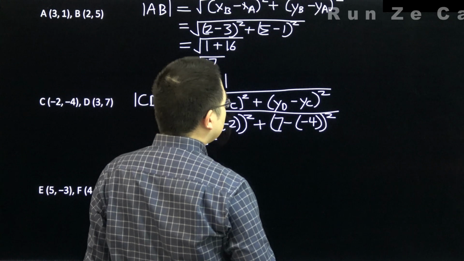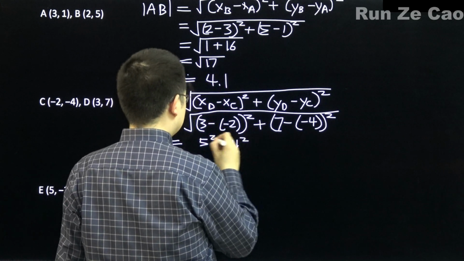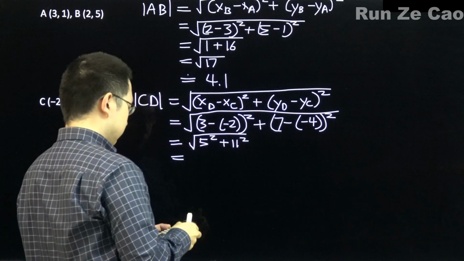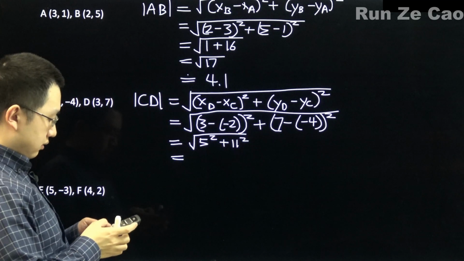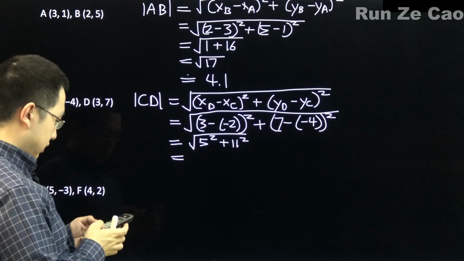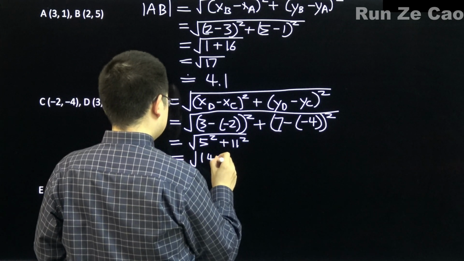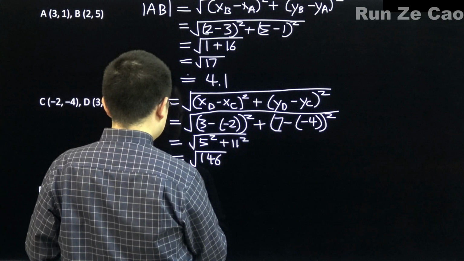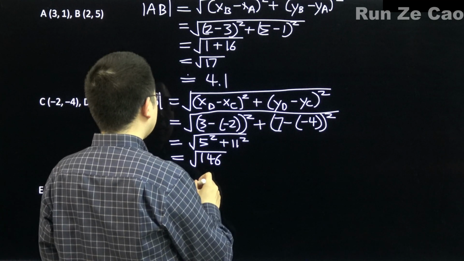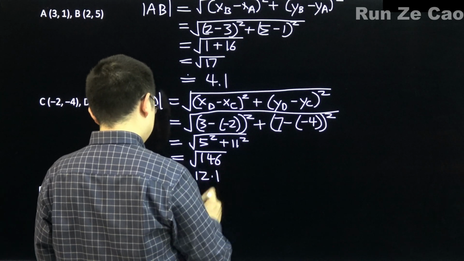And then 7 plus 4 is 11 squared. So 11 squared is 121 plus 5 squared is 25, root of 146. And once again, round to the nearest tenth, which leaves us with approximately 12.1.